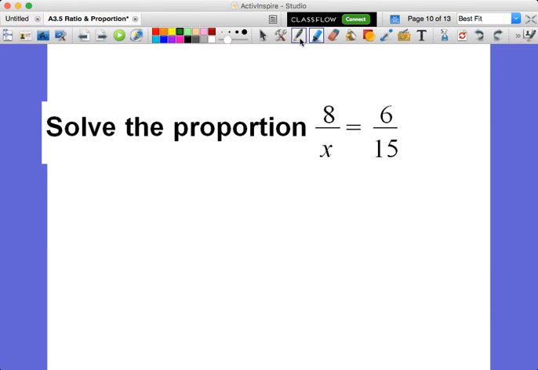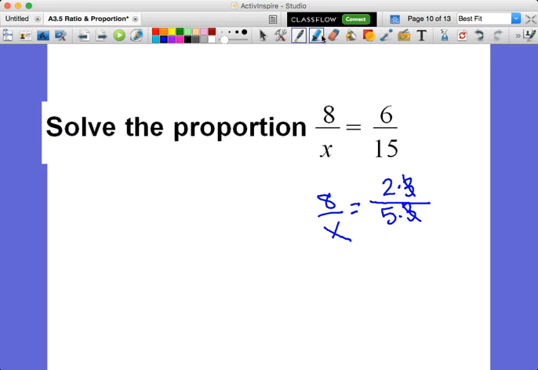Pause the video here for about 1 minute. And 6/15, 2 times 3, and 5 times 3. So if we look at the fraction 6/15, the 3s will cancel. So 8 over x equals 2/5.